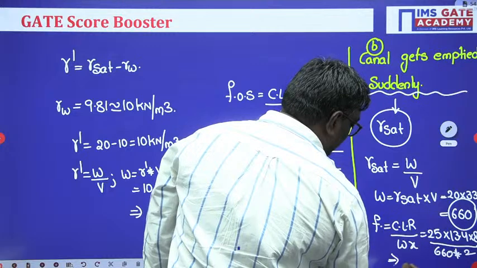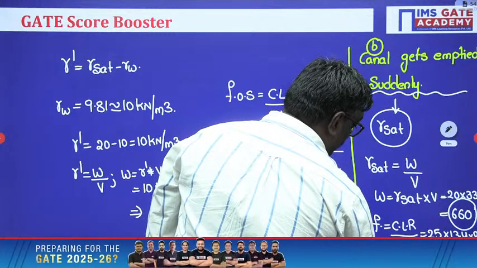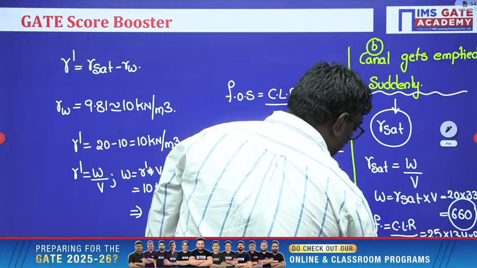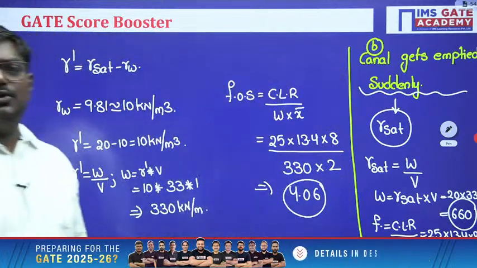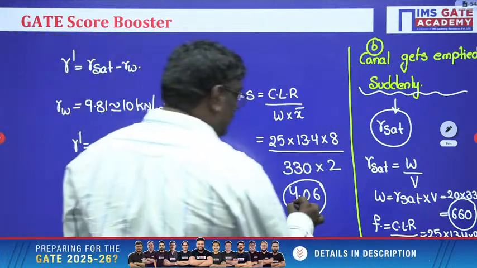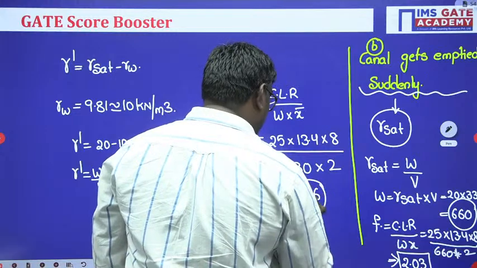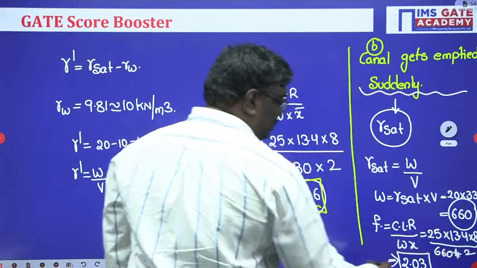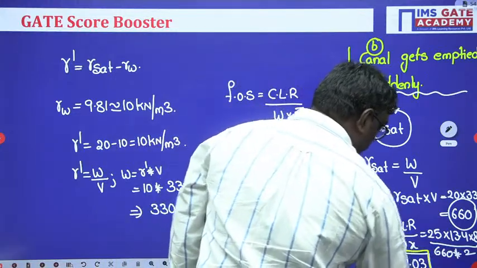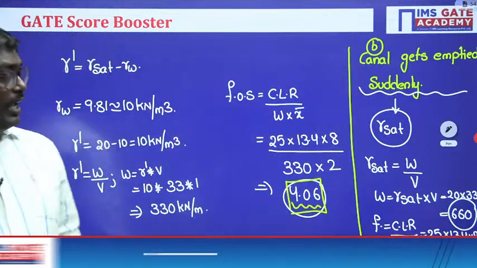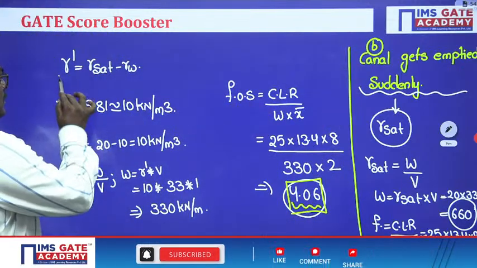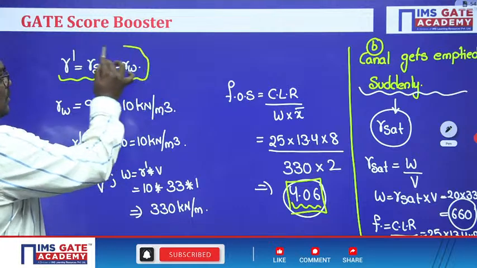If you solve this, you will get a value of 2.03. And the earlier value is 4.06.